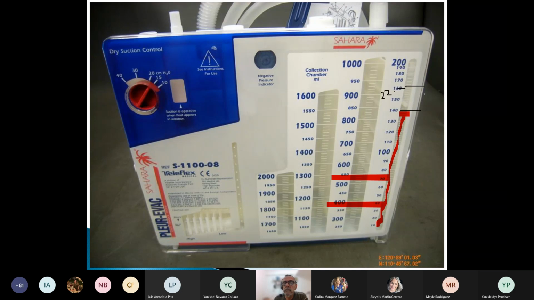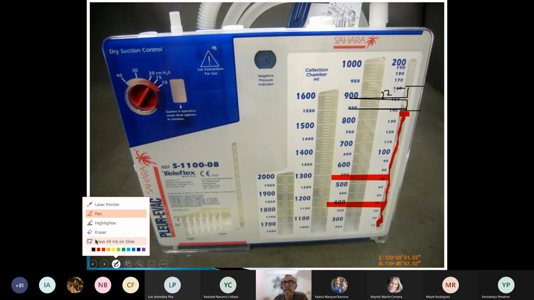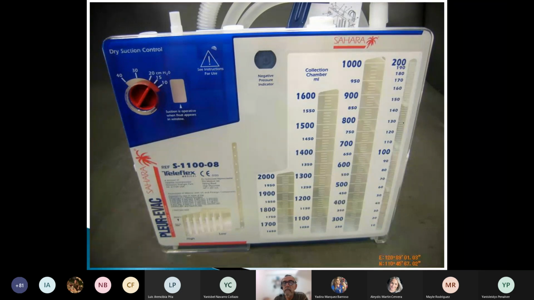Did you understand my explanation? If you don't understand, tell me, okay? This is a question that I see in English. You need to be careful because the value of each one of those lines is different. For example, here, going from 900 to 950, you have 5 spaces, so obviously each line is going to be worth 10.